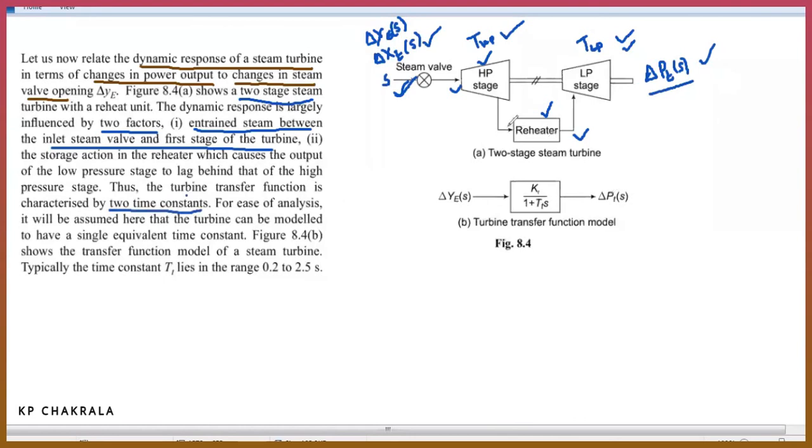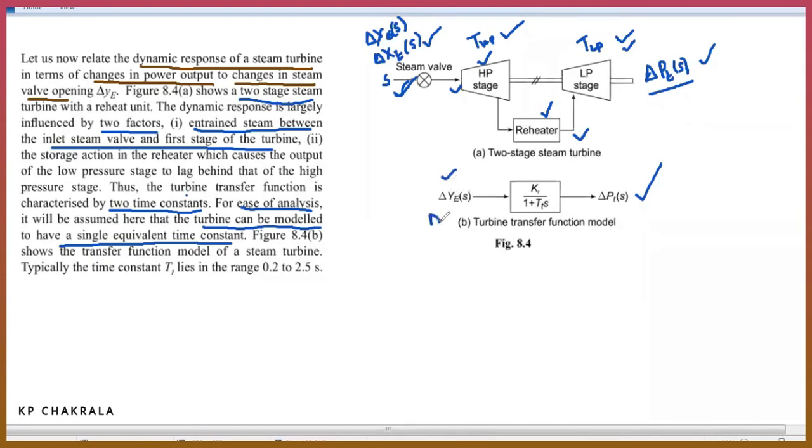The turbine transfer function has two time constants, but for easy analysis, it is assumed that the turbine can be modeled with a single equivalent time constant. We take only the equivalent of these two time constants, and it is presented in the transfer function model. Here the output of the turbine system is delta YE, and the input to the turbine is the steam valve setting.